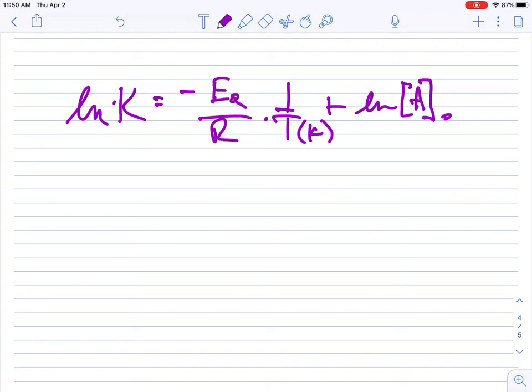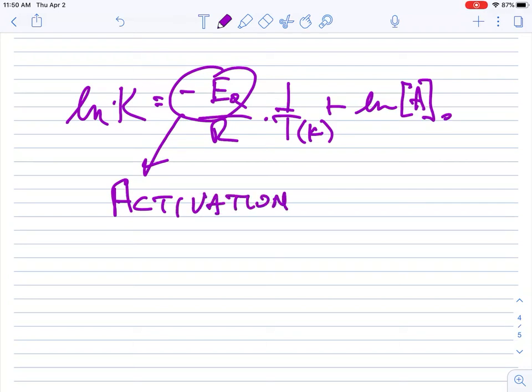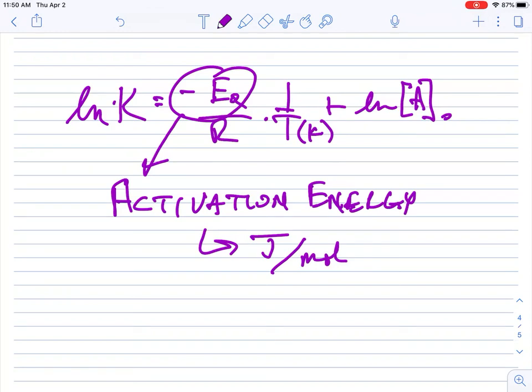Now, let me explain what this E sub A is. This E sub A is what we call the activation energy, and that's in joules per mole.